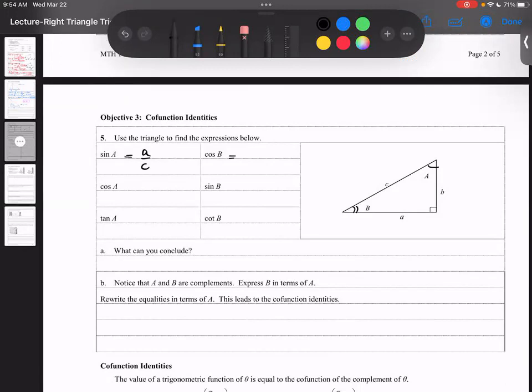Oh, no, I'm talking about cos B. Cos B is A over C, right? Adjacent over hypotenuse. Do you guys understand what adjacent is? I know most of you do. Adjacent means next to, right? So adjacent to angle B will be length A. Opposite to B will be little b.